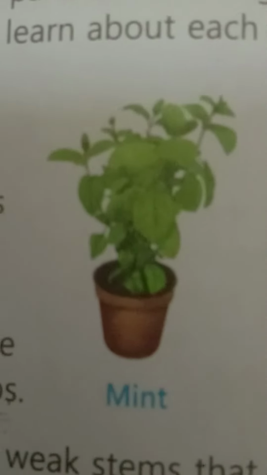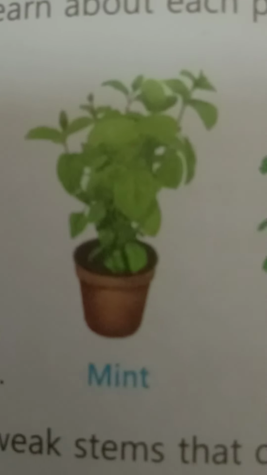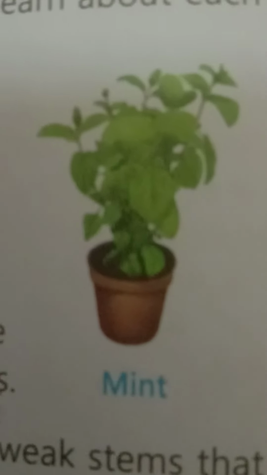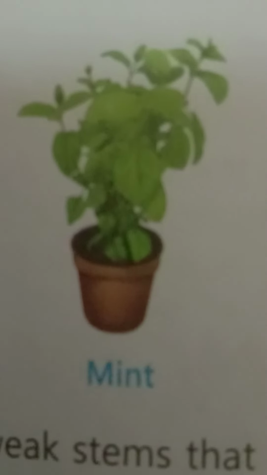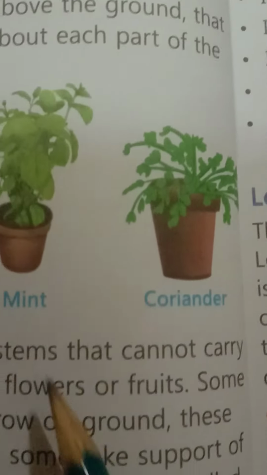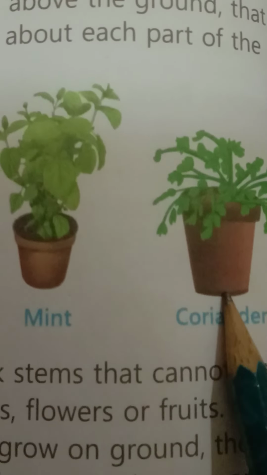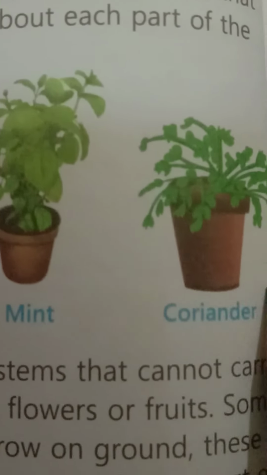They have a short lifespan and can live only for 1 or 2 seasons. They are shorter in size. Mint and coriander are examples of herbs.